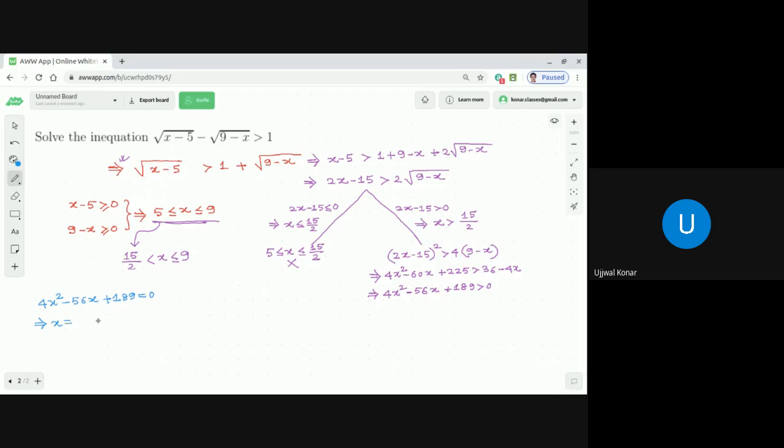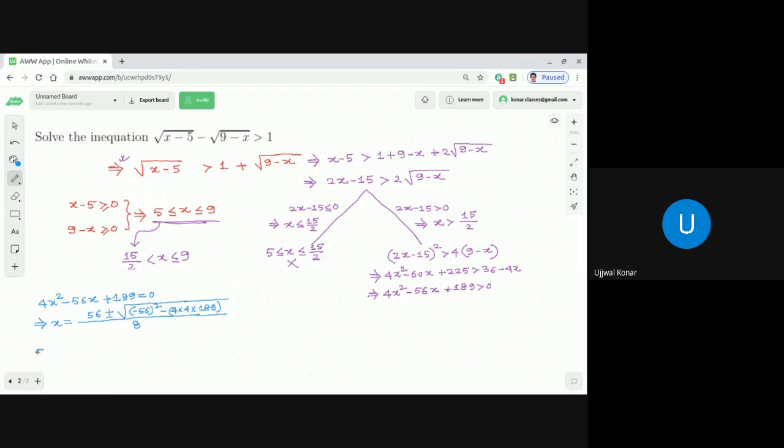x is equal to minus b, that is 56, plus minus square root of b square, that is minus 56 whole square, minus 4ac, minus 4 into 189, divided by 2a, that is 2 into 4, that is 8. Correct, no?